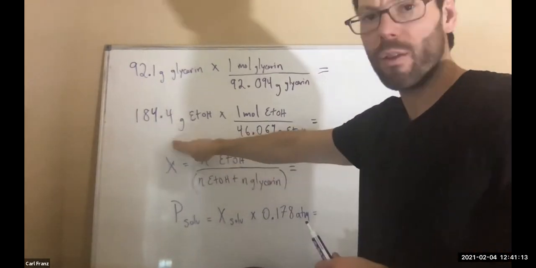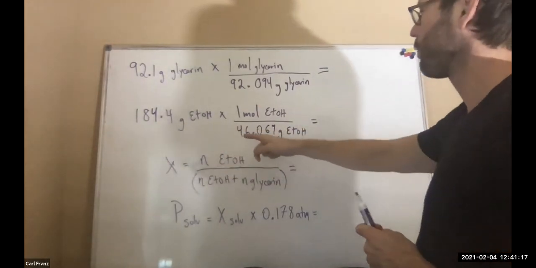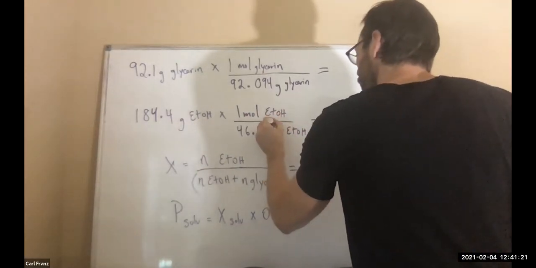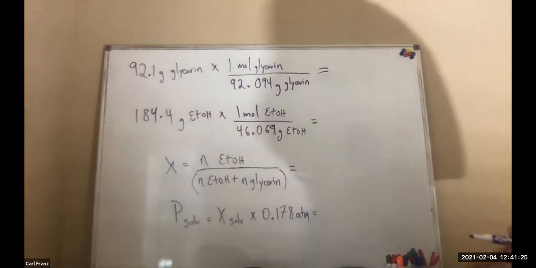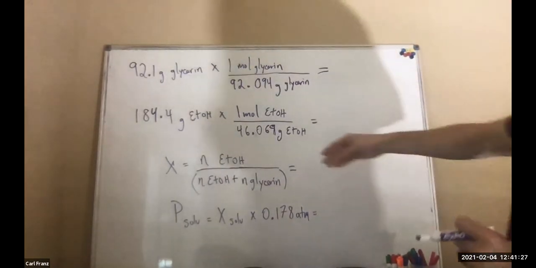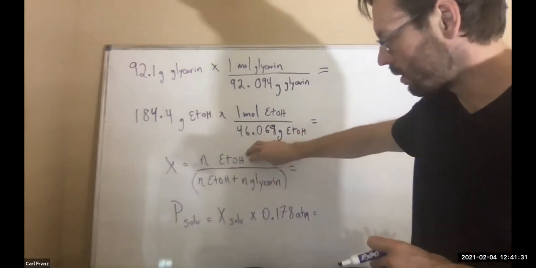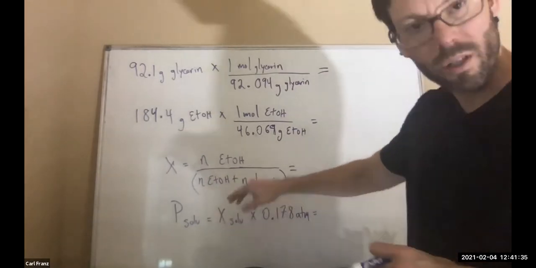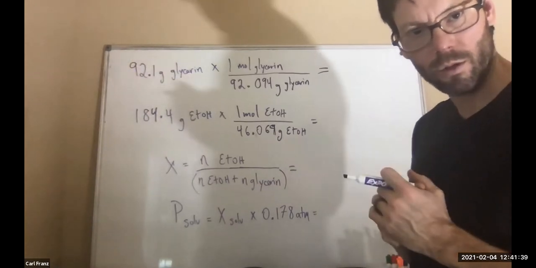To get moles of ethanol, we multiply it by its conversion factor, 46.069 grams. It's the weight of ethanol. That'll give us moles of ethanol. And then our mole fraction, remember, it's the moles of our ethanol versus the moles of the two components of the solution total, the sum of those.